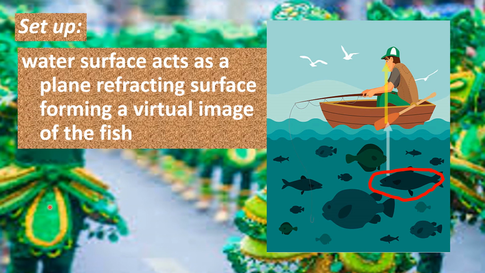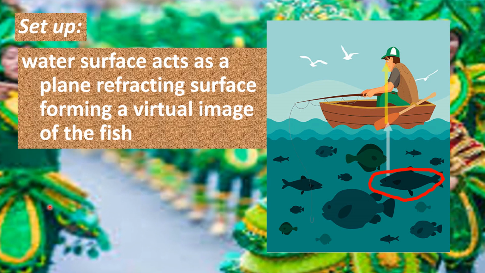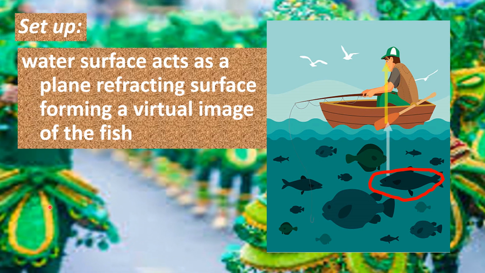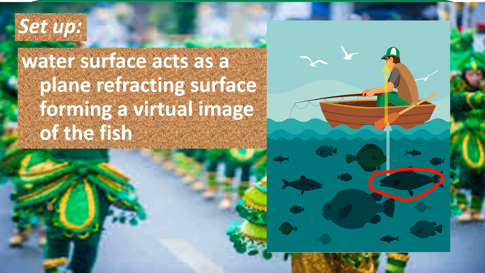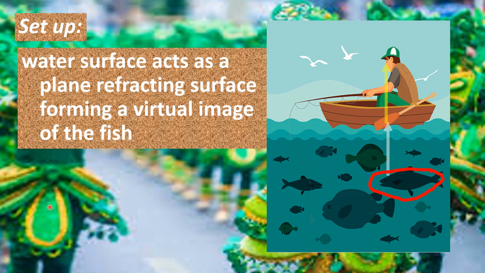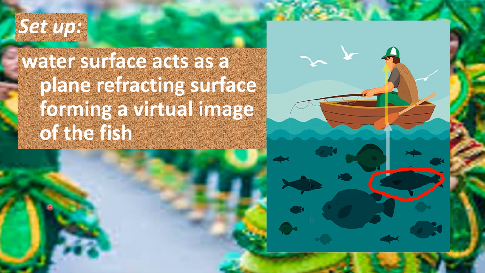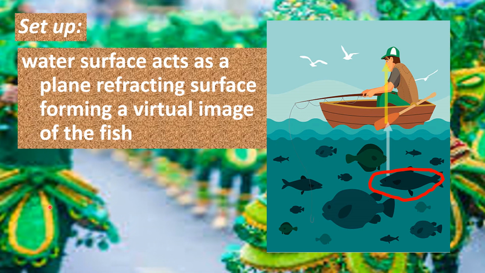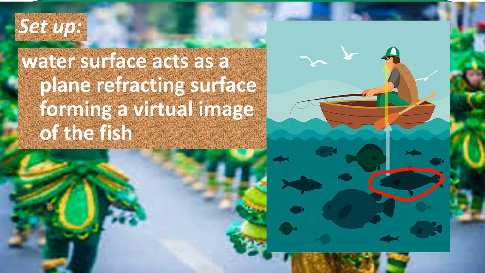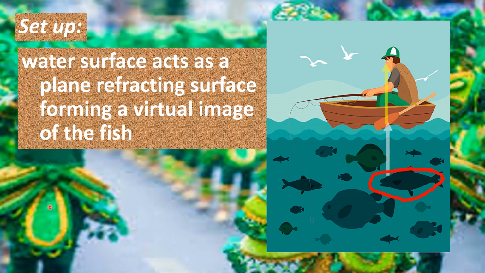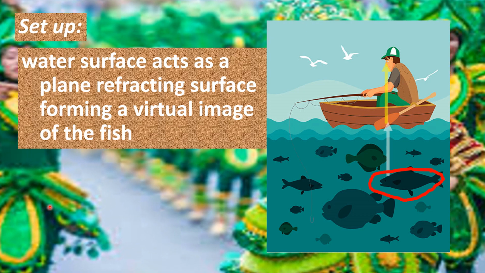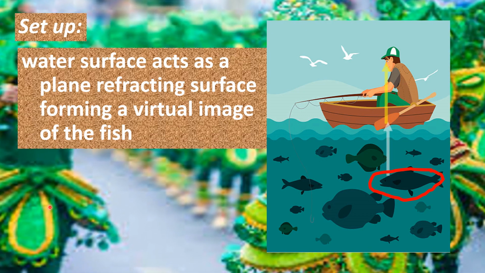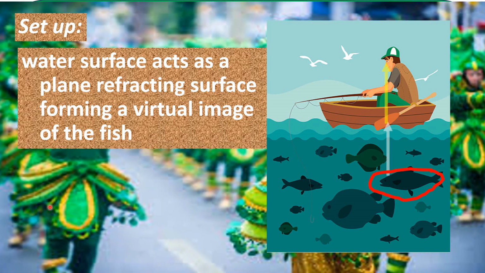And we stated earlier that the first medium is water, where the incident rays will be coming from the object or the fish. So these light rays strike the surface or the water-air interface and emerge towards the man's eyes.